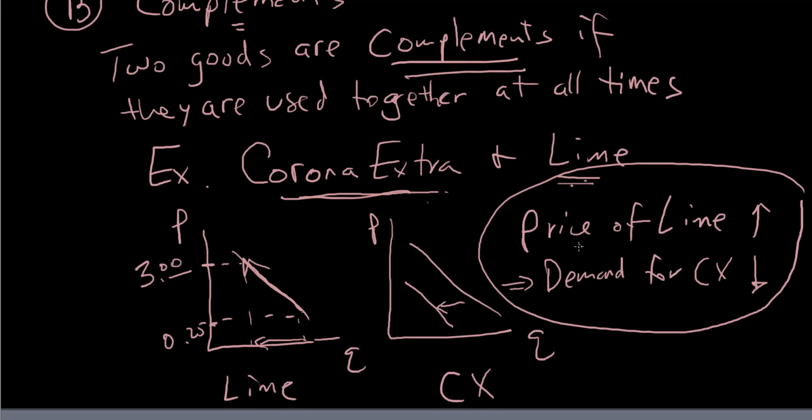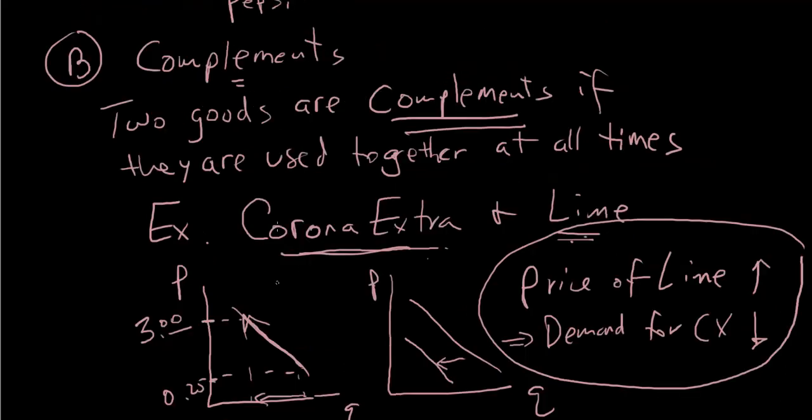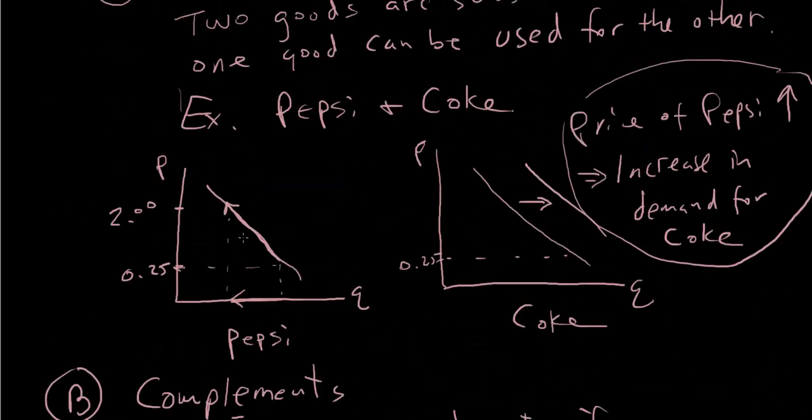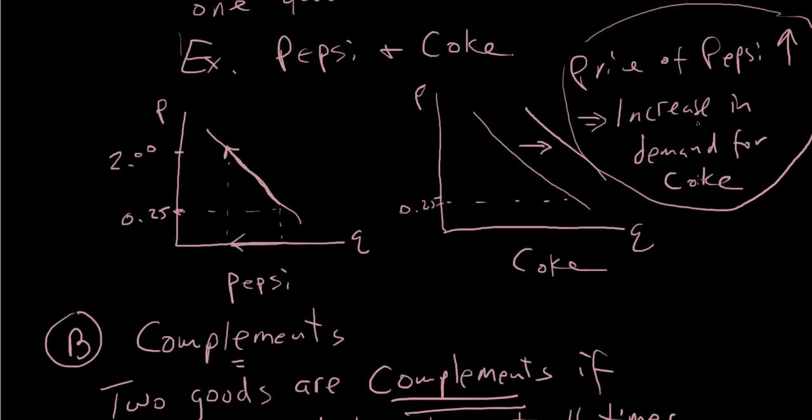So this is what happens when two goods are complements. That is, if the price of one good goes up and the demand for the other good goes down, then we call these two goods complements, right? So this is exactly opposite here, right? For the substitute case, if the price of one good goes up, then there is an increase in the demand for the other good.